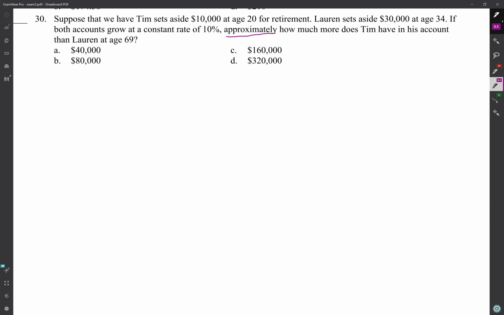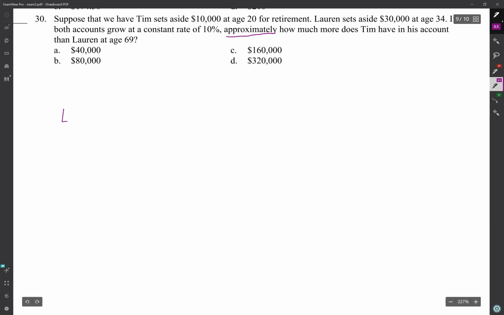Okay, so Tim sets aside $10,000 at age 20. Lauren is going to set aside $30,000 at age 34, and it's going to double every 7 years.